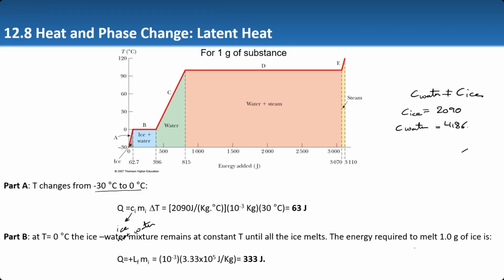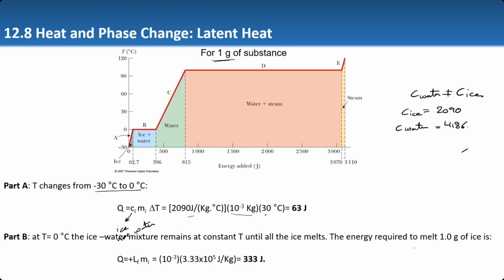So if I have ice at minus 30, as this warms up we will use the specific heat of 2090 of ice to find how much energy is needed to warm it up. So I warm it up to 0. Q will be mc delta T. I have 1 gram of ice, so this is 10 power minus 3 kilograms.